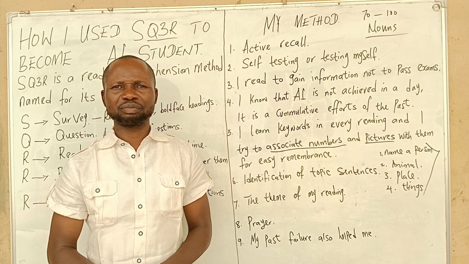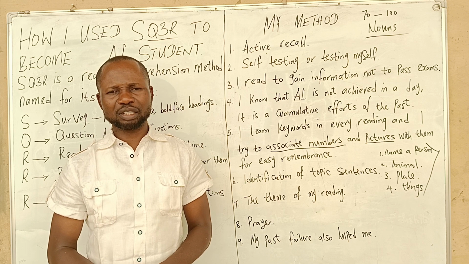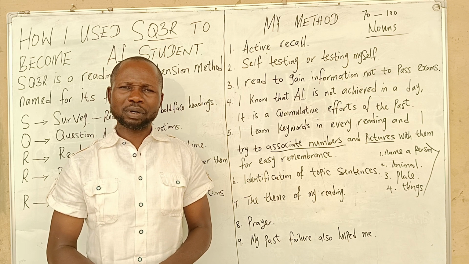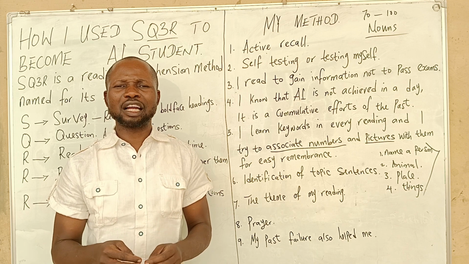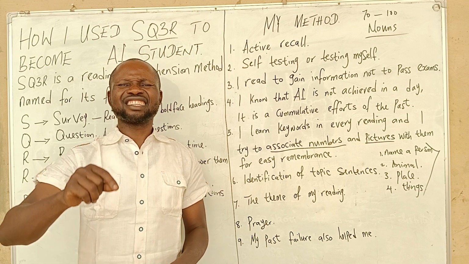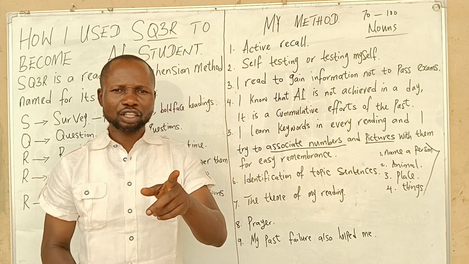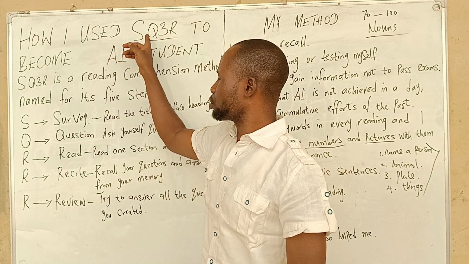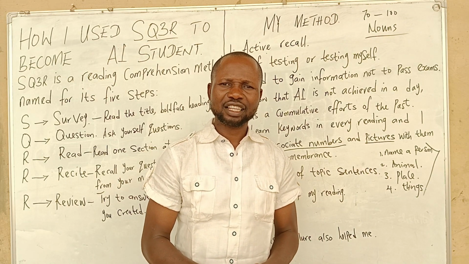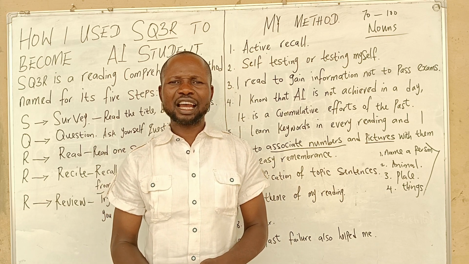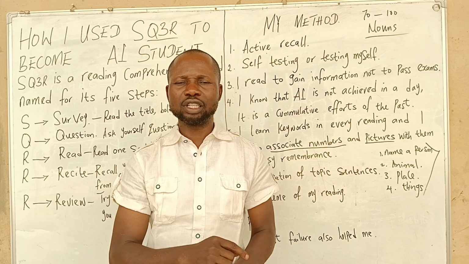So a time came, I read a book. From that book, I got a concept that if you know how to pass, you will pass. That means to everything people are doing and succeeding at, there is a secret, there is a way of doing it. And the way for me is SQ3R. SQ3R helped me, and I am still an A1 student.